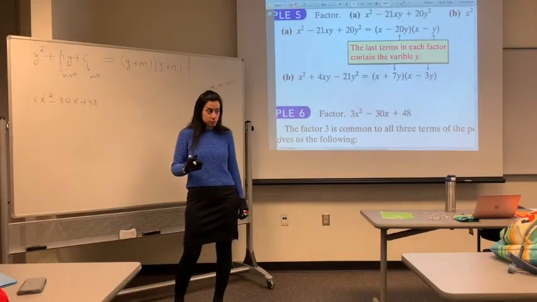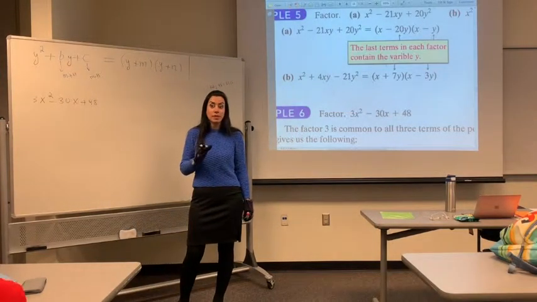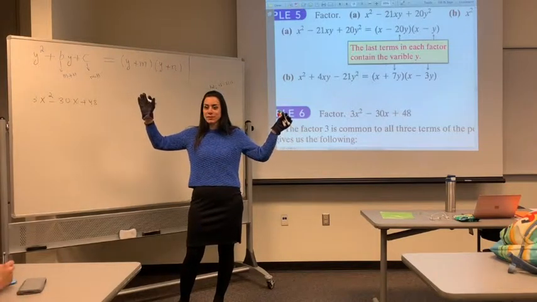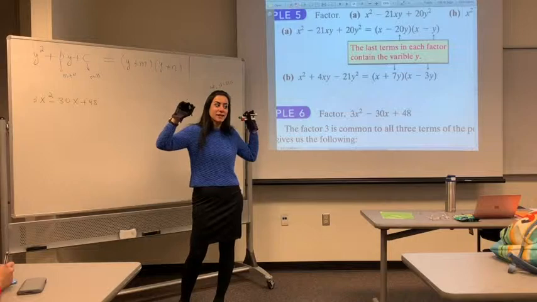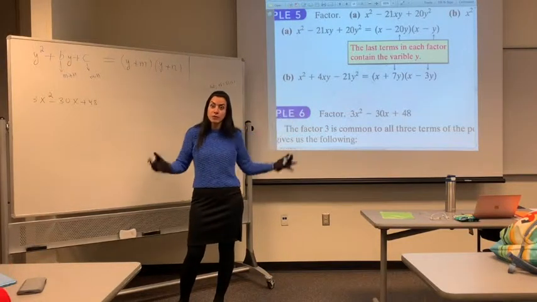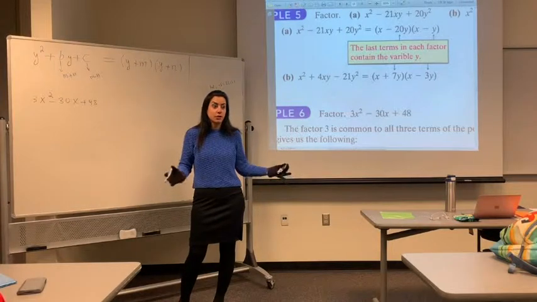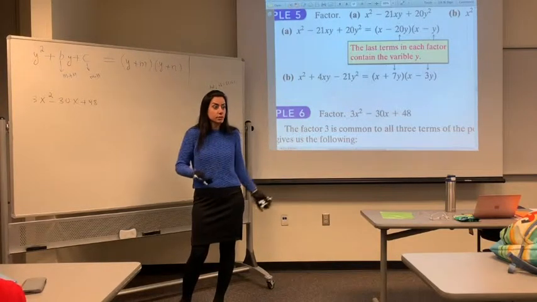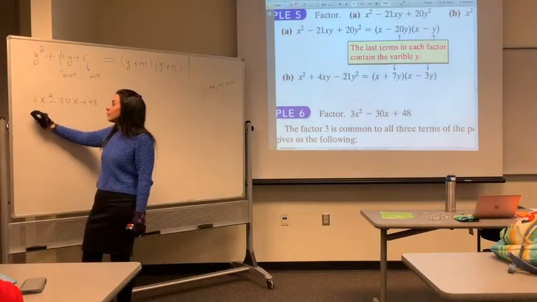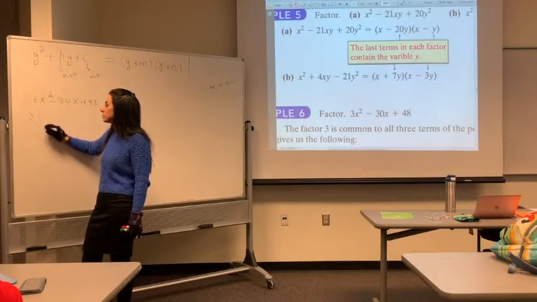Factoring out 3, because simplifying means cancel, you get rid of some number or some variable, right? Factoring out means you're keeping this and you have to apply it later. You have to keep it up to the end, right? You're not simplifying. So 3 comes out.